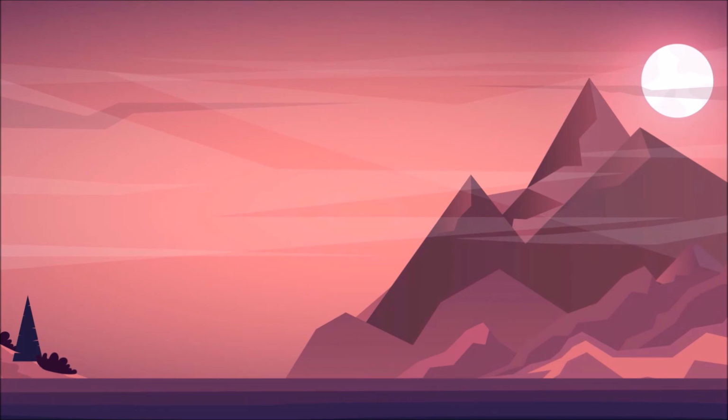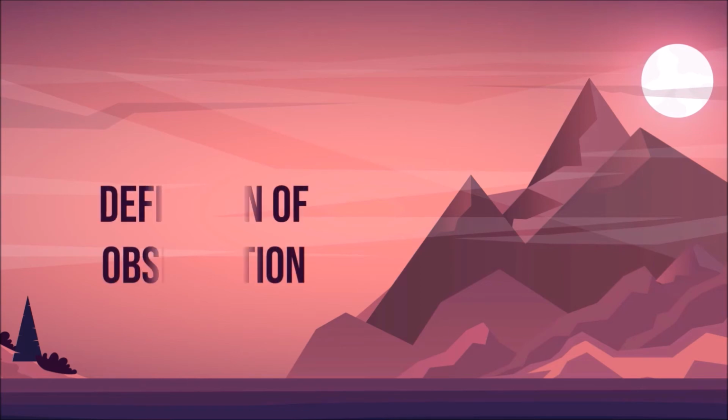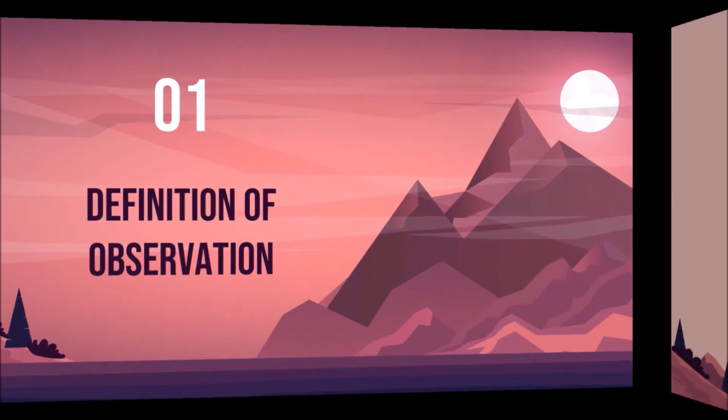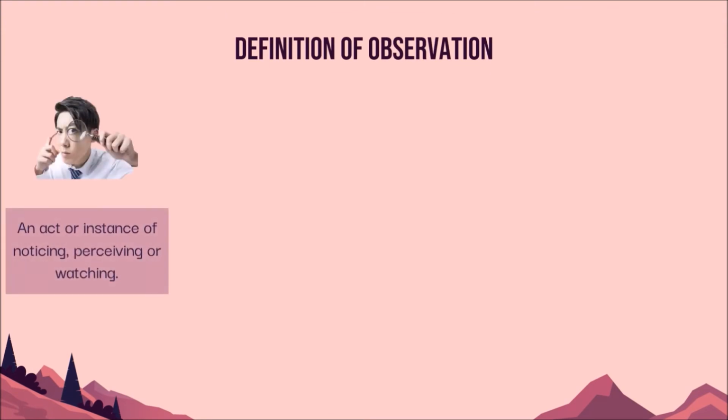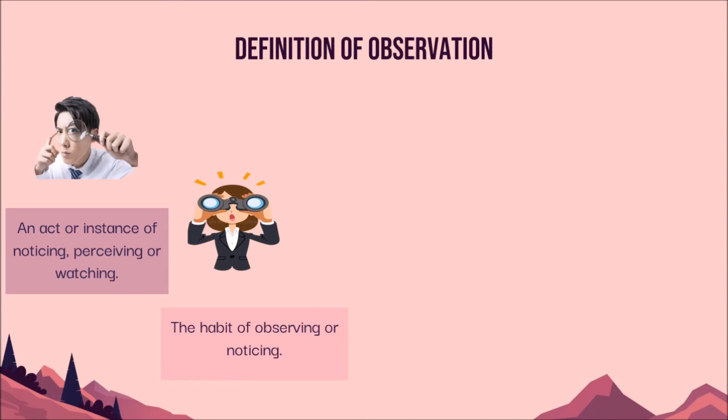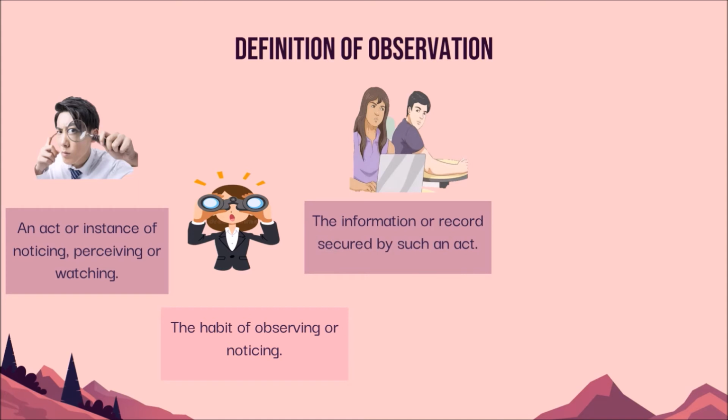So in this part, I will explain more about the definition of observation. So let's go. Definition of observation: an act or instance of noticing, perceiving, or watching. Observation is also the habit of observing or noticing. Besides, it is the information or record secured by such an act.